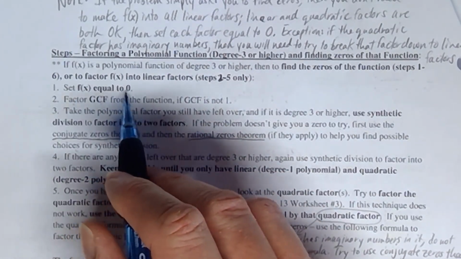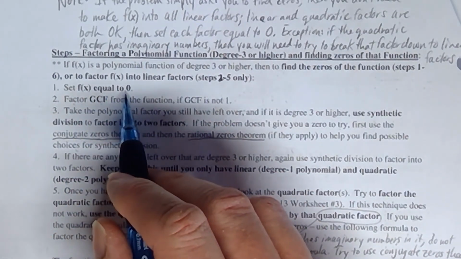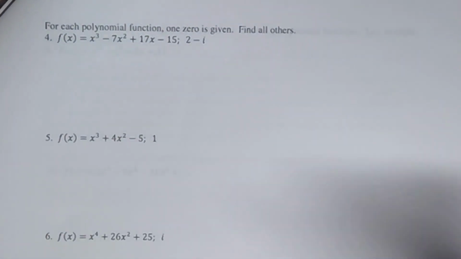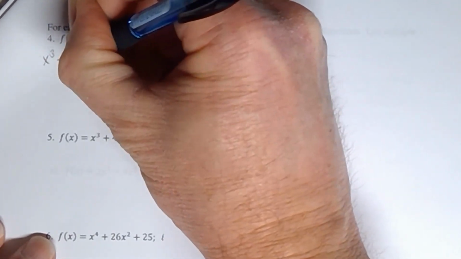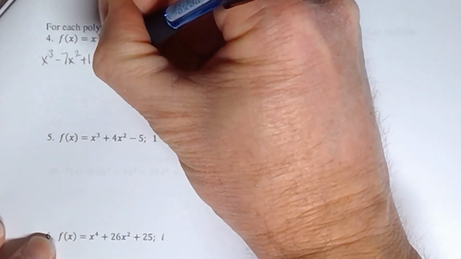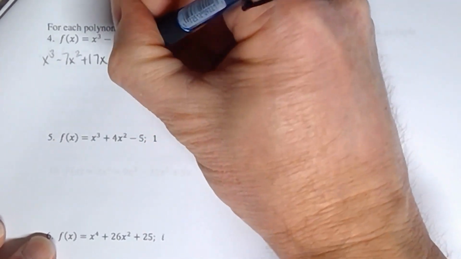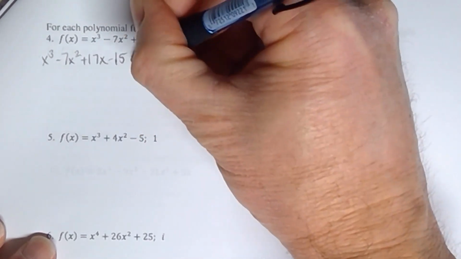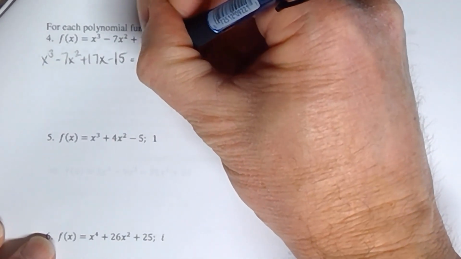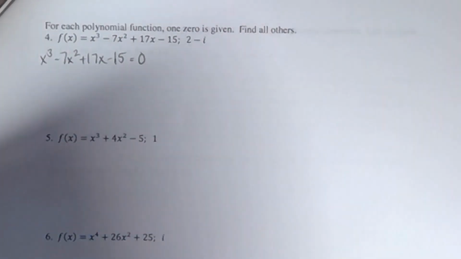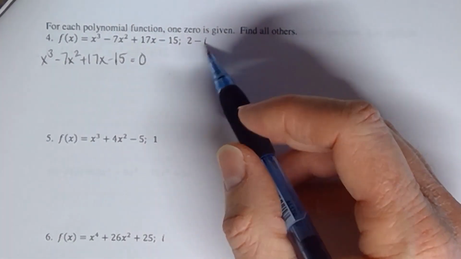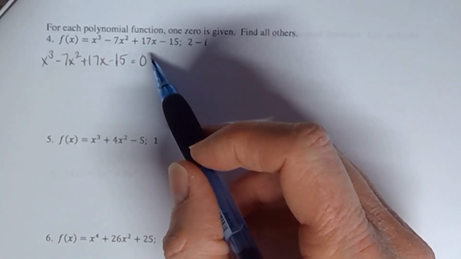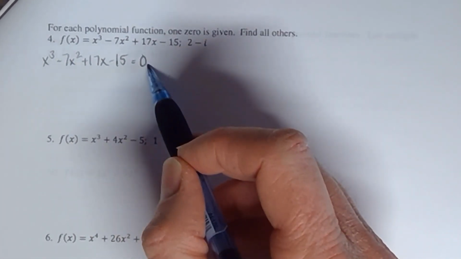It says in step number 1, set the function equal to 0. You'll see why we would do that here. So I'm going to set that equal to 0. Remember, you guys, here's why you do it. The reason you set the function equal to 0 is because zeros are the numbers that make the f of x equal to 0.